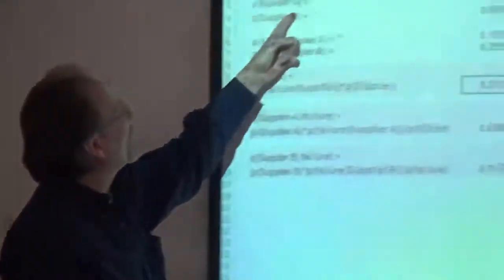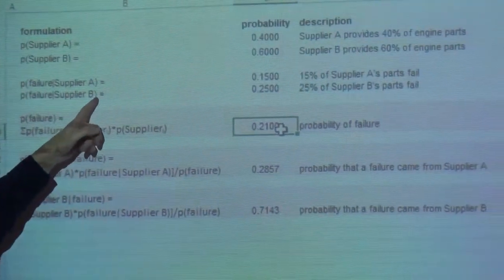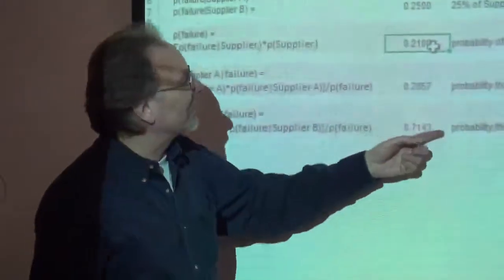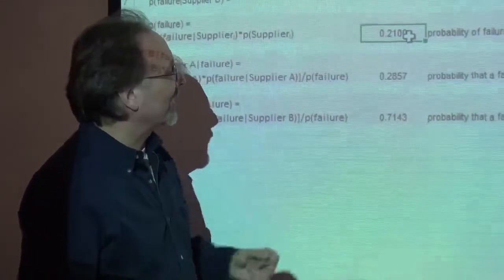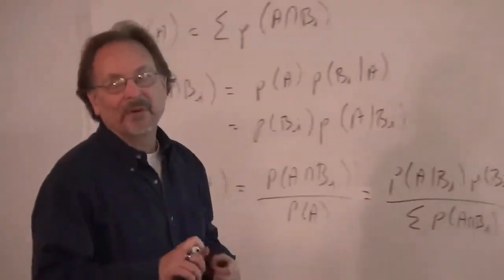And also, based on the fact that more parts come from supplier B, and a higher percentage of the parts from supplier B are failures, those together would imply that I'm going to get a higher probability than I am for the first conditional probability relationship.